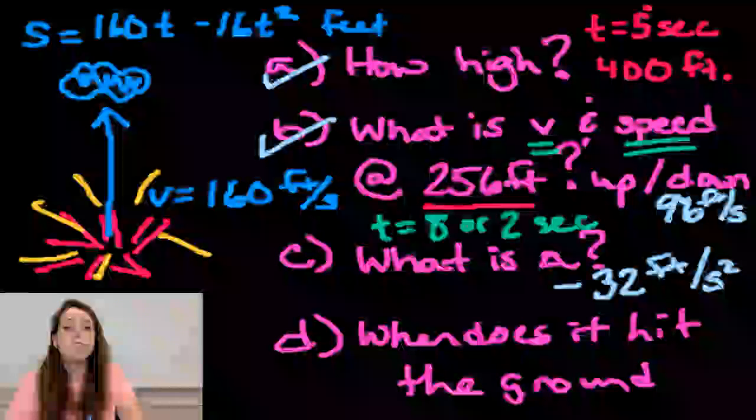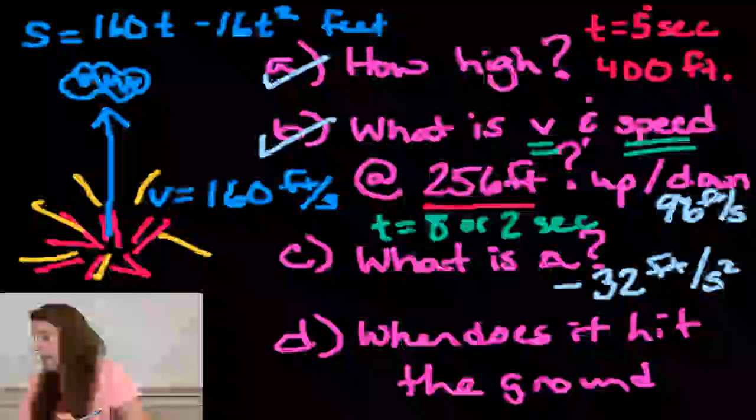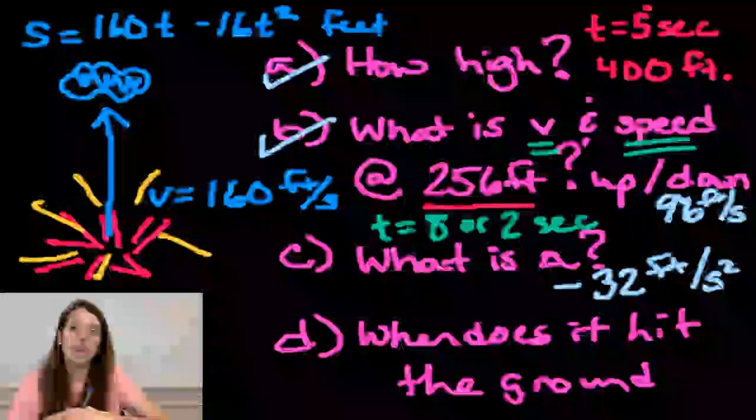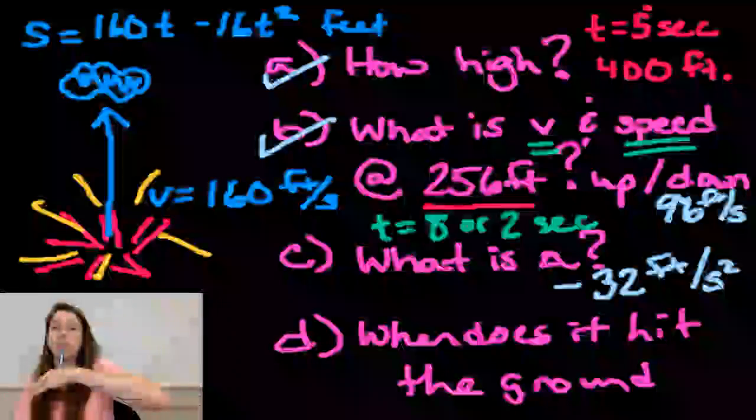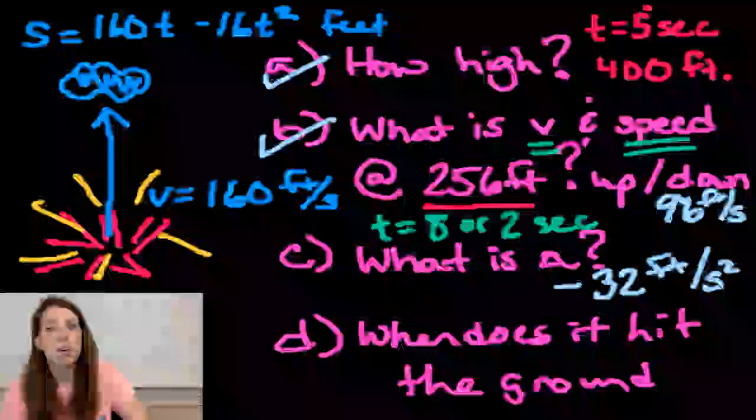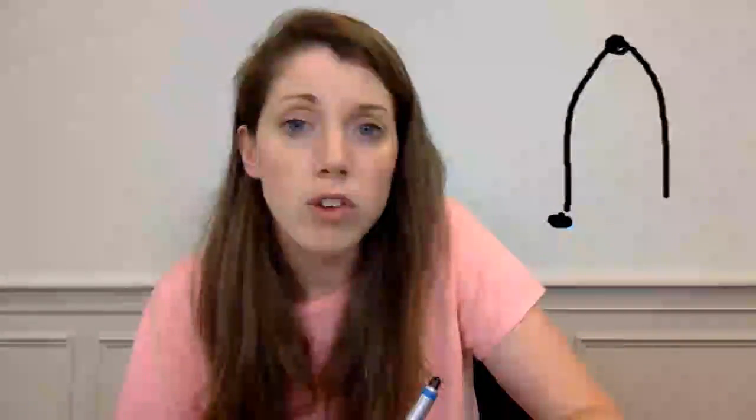And then lastly, it's going to ask us, when does it actually hit the ground? I think without having to do really any math here, if you think about the motion of something going up in the air, we have an object, it's going up in the air, it hits its highest point, and then it falls back down.